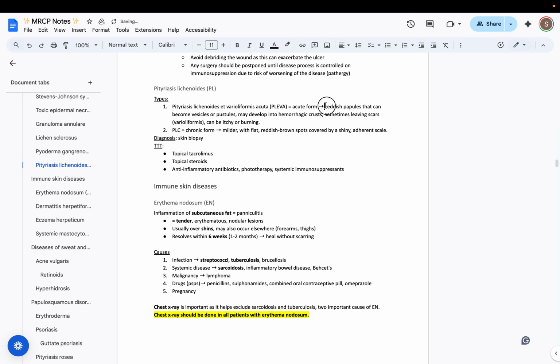It would be reddish papules that can become vesicles or pustules, may develop into hemorrhagic crusts, sometimes leaving scars, which can be itchy or burning.